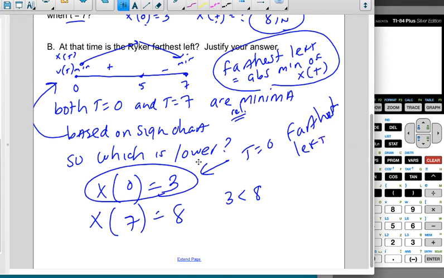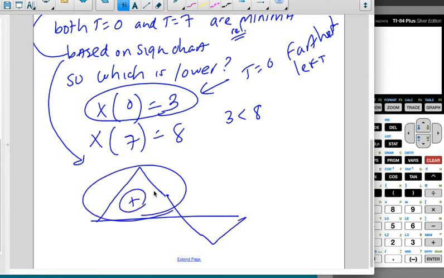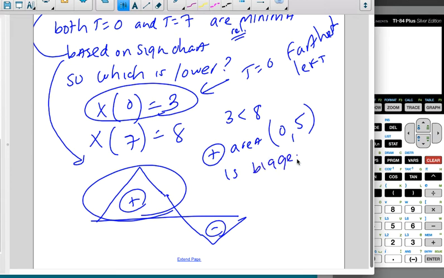Now, there is another justification for that. If you didn't want to find those 2 values, you could argue that when you look at this graph, I'm going to do a terrible job of recreating it, but you get the gist, that this positive area from 0 to 5 is bigger than the negative area from 5 to 7.